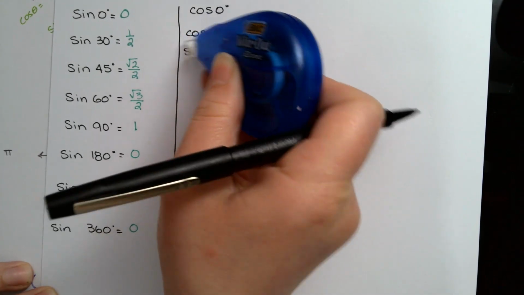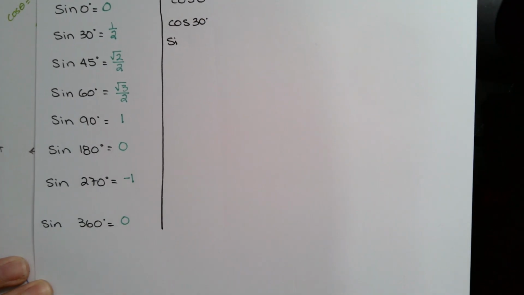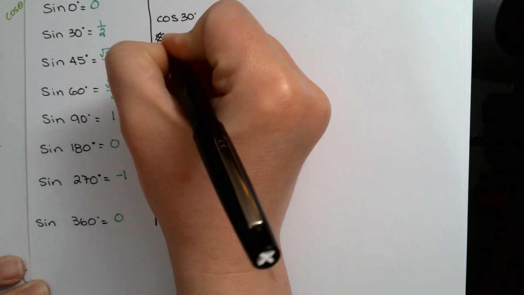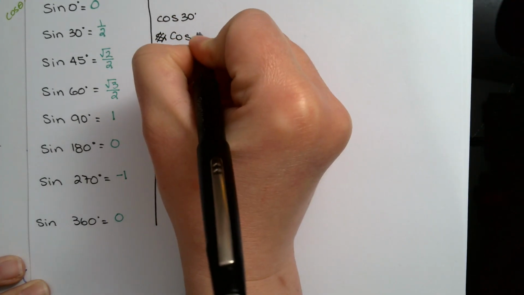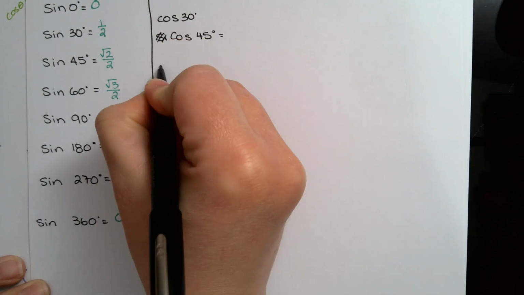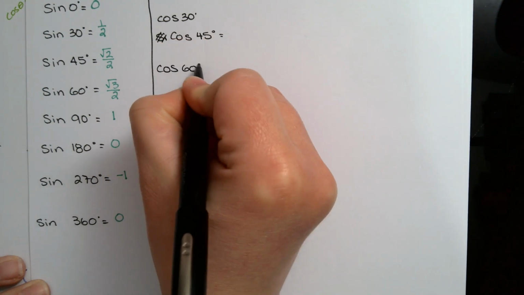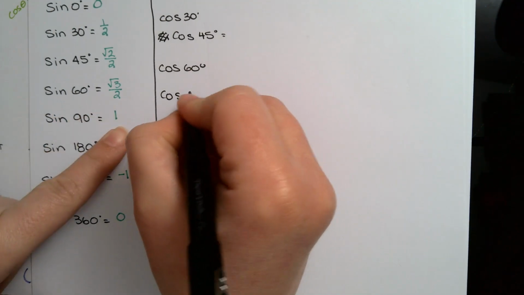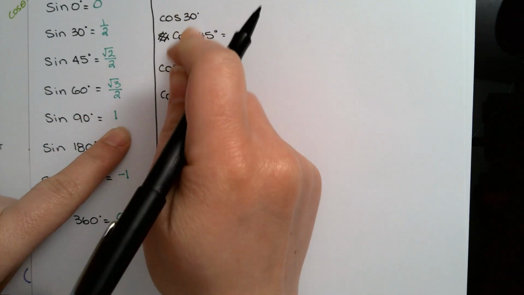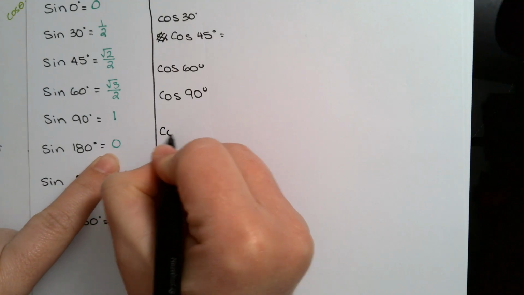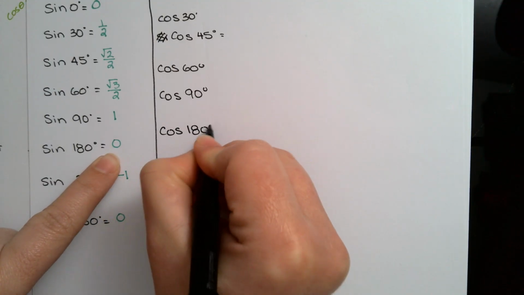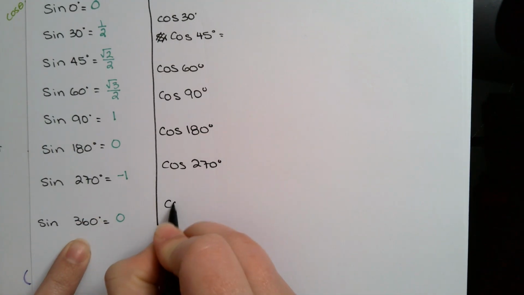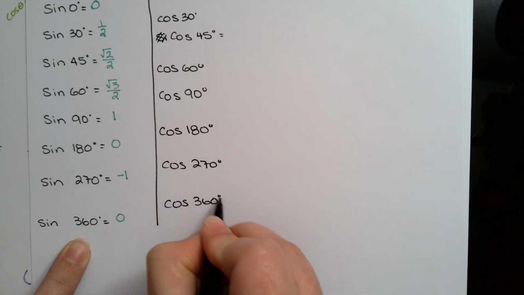Here's cosine of 45, cosine of 60, cosine of 90. Seems like I'm off, but I just wrote them closer to each other. Cosine of 180, cosine of 270, and cosine of 360 degrees.